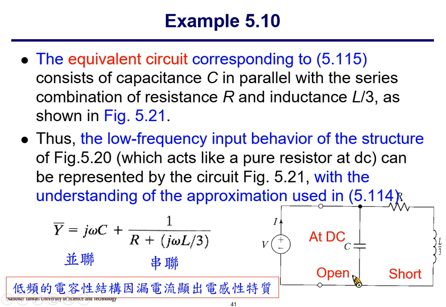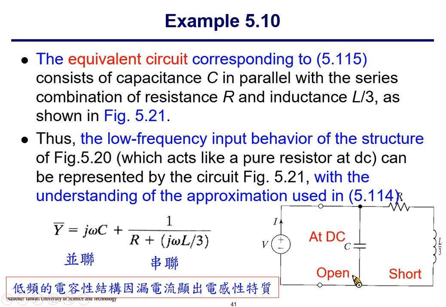The admittance of this circuit can be regarded as a capacitor in parallel with a resistance R in series with an inductor L over 3. And what happens if the conductivity of this structure is totally 0?